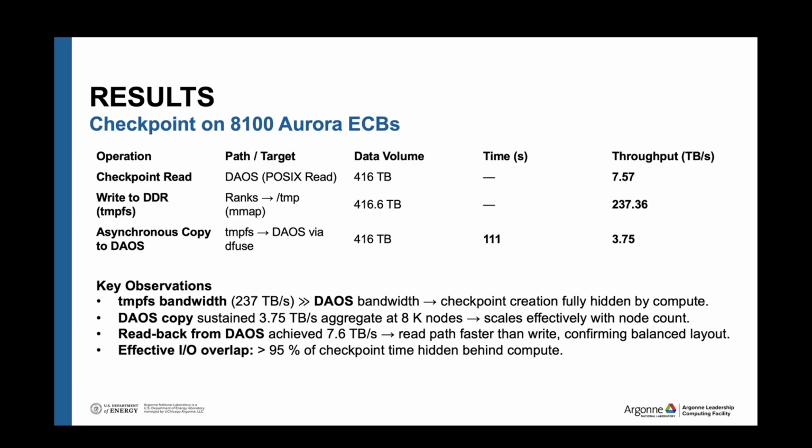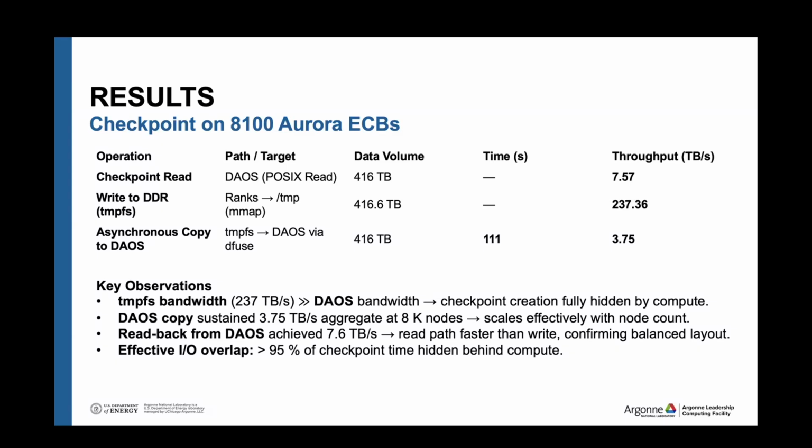But we see 237 terabytes per second. If you think about 8,100 nodes collectively, each writing 50 gigabytes concurrently to their own local RAM, it's extremely fast. That's why that number is so high.